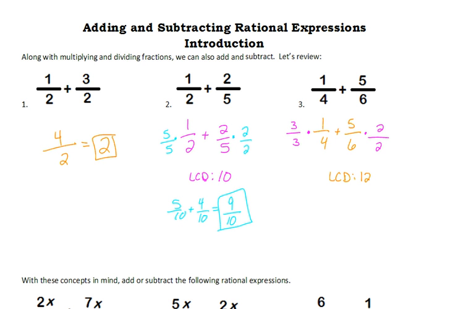Then I go ahead and do a little bit of math. 3 times 1 is 3 over 12, which is the same thing as saying 1 over 4, plus 10 over 12. Got my common denominator. Kept my numbers the same, so I'm going to go ahead and add my numerators and keep my denominator.